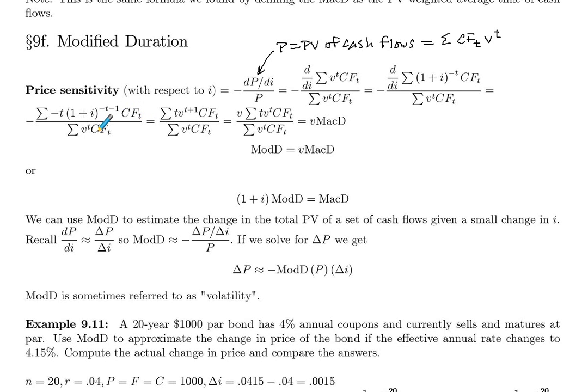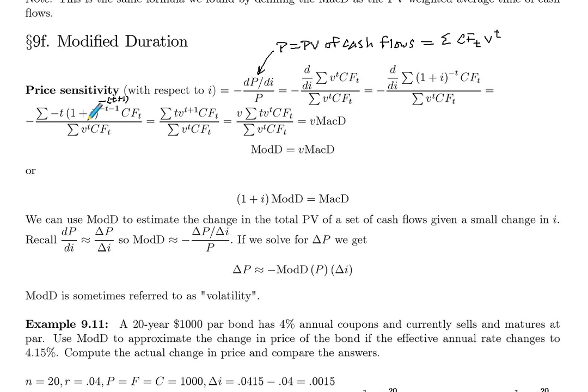And then the bottom stays the same because we're not doing any derivative there, we're just dividing by the relative amount. And now we'll switch back to v's because we've got v on the bottom, so 1 plus i to the negative t minus 1, which is actually the negative of t plus 1, is going to be the same as v to the positive t plus 1.